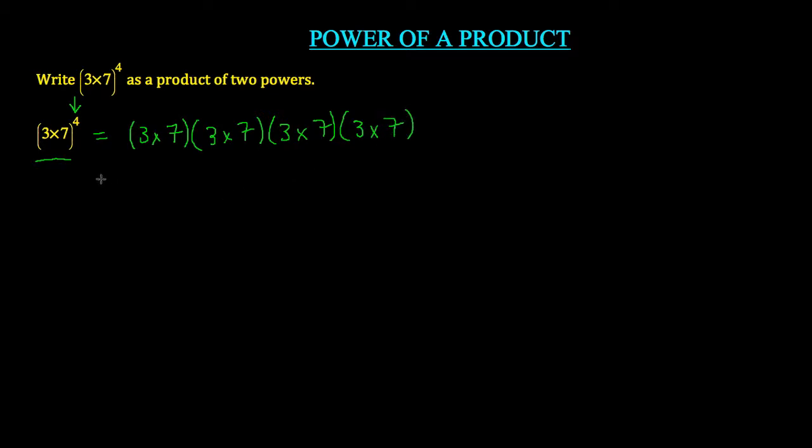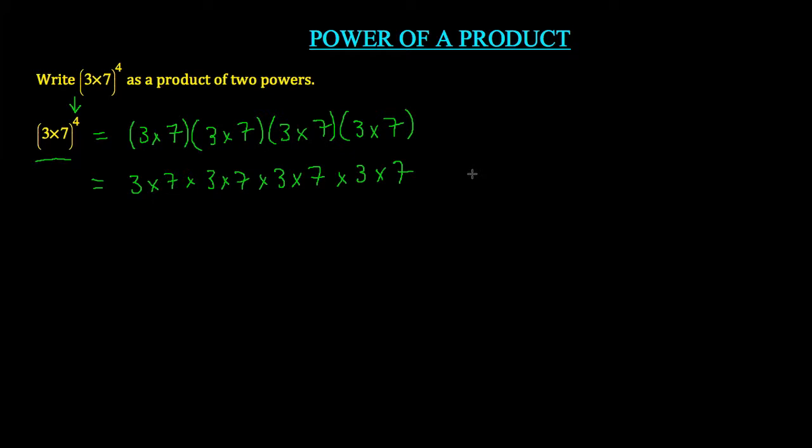Now we could replace our brackets with multiplication symbols: 3 times 7 times 3 times 7 times 3 times 7 times 3 times 7, and now we have this expression.